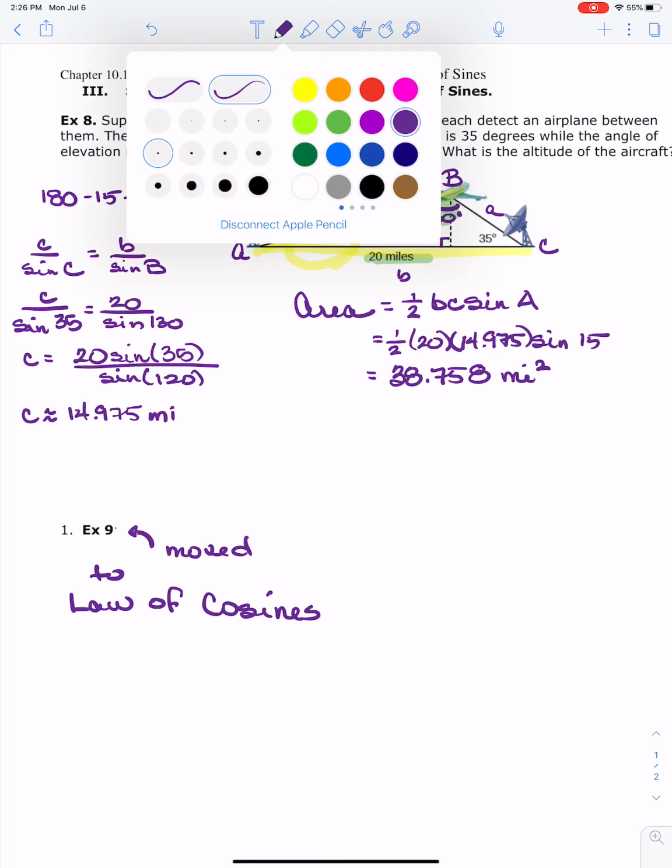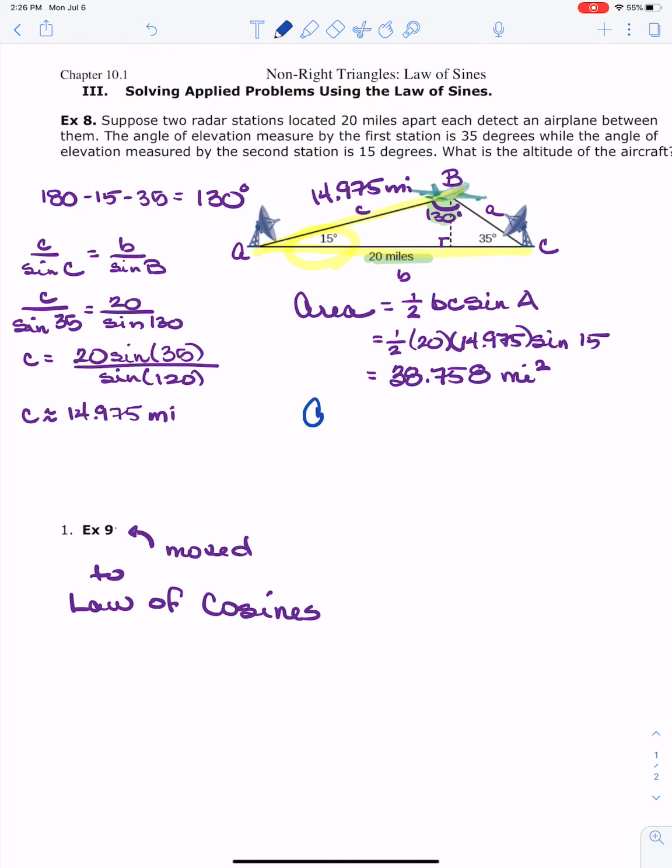So now let's go back to our high school definition for area. Area equals 1/2 the base times the height. Well, we know the area. 38.758 square miles. That has to equal 1/2. My base is this 20 miles here. And we're trying to solve for the height. H is my only unknown.